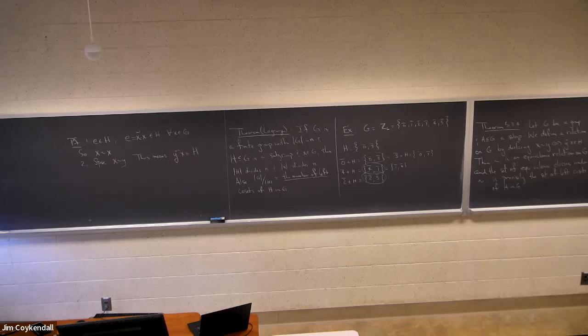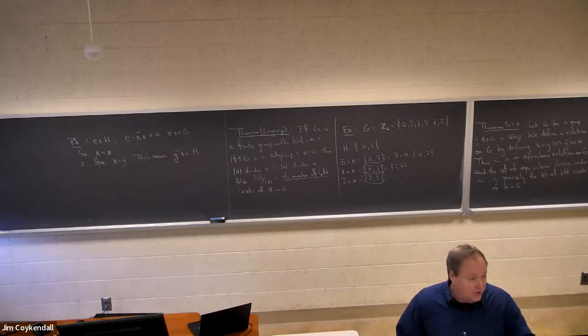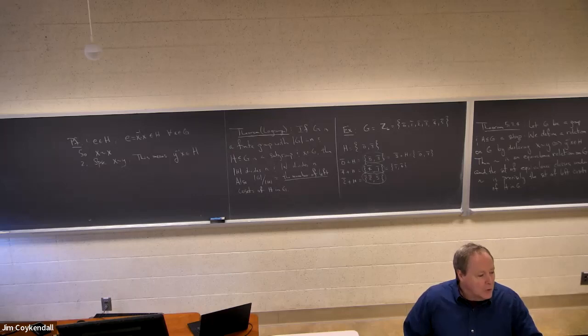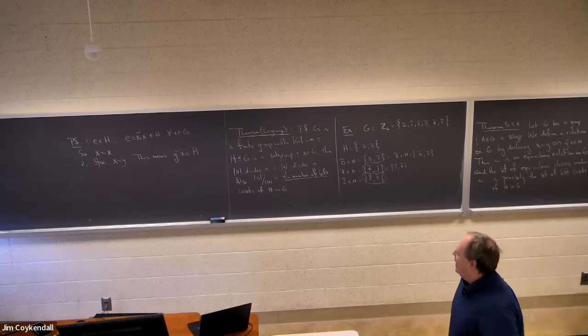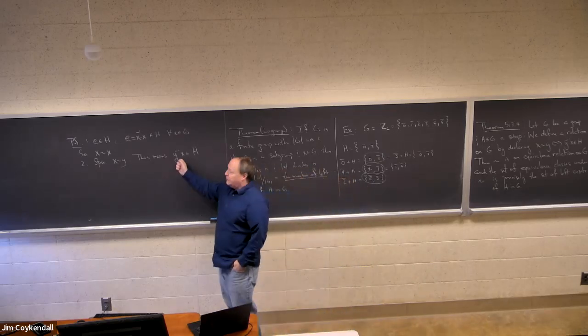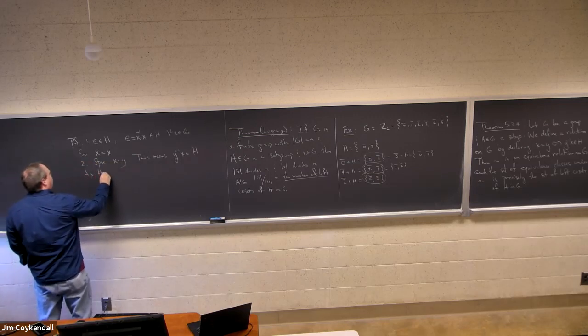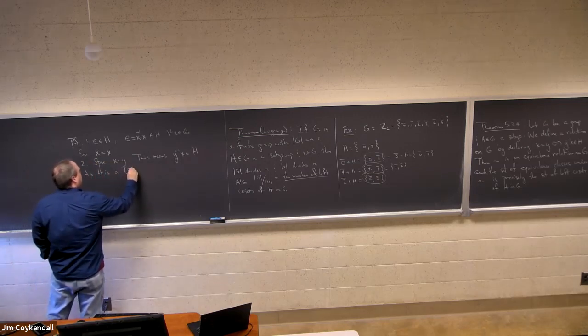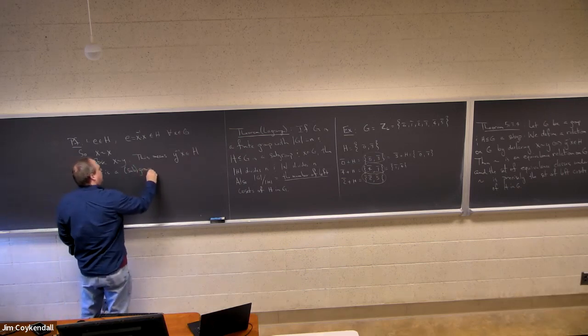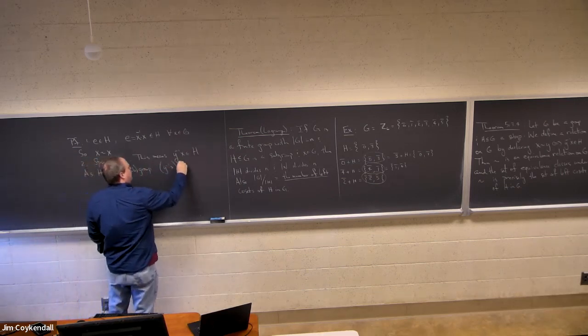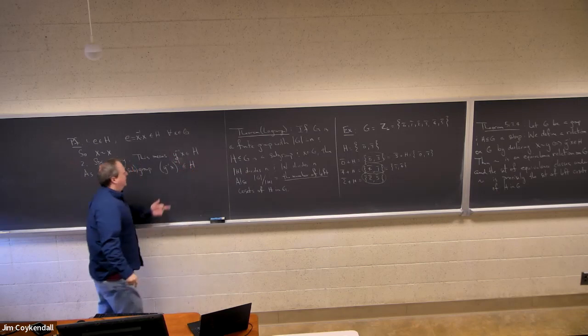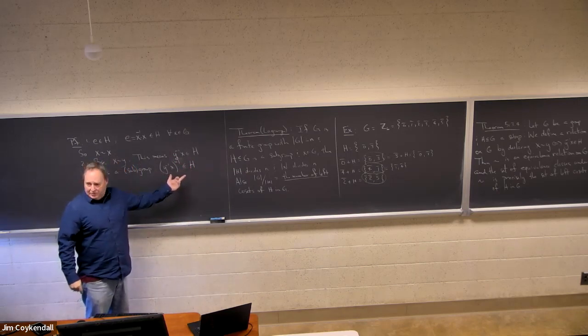You're close. You can't just flip them around because the operation of the group may not commute. But what do I know about H? It's a subgroup, right? So H is a group unto itself. And I know that this animal lives in H, right? And H is a group, so the inverse of that thing also has to be in H, agree?